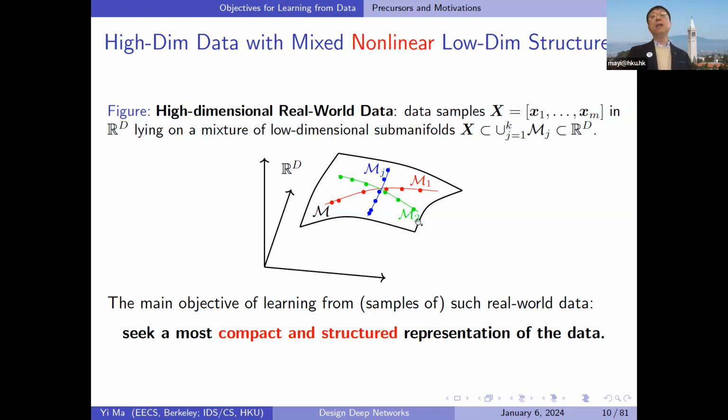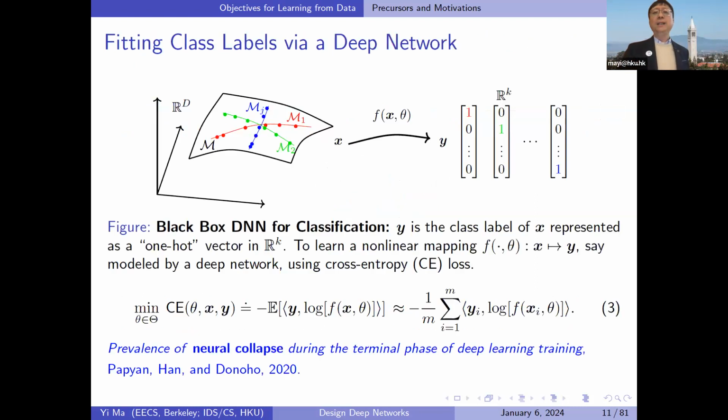Then the second cluster could be maybe birds, maybe cats. So the images of apples and cats concentrate on their own small, low-dimensional regions. And hence deep networks are saying, well, can we just classify?